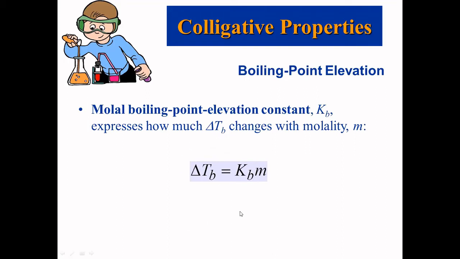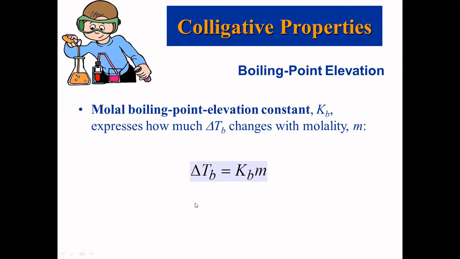So this is the delta TB as a function of the molality of your solution. So ano ganing molality? Molality is mole solute per kilogram solvent, right? So it's a function of your solute in solution and this particular constant.